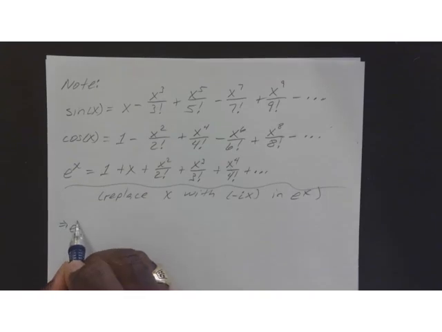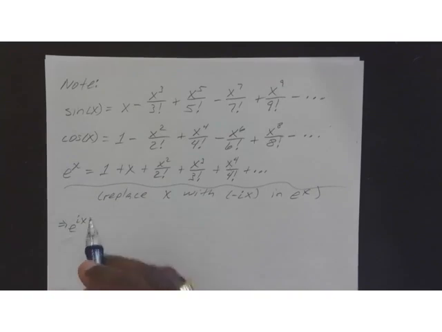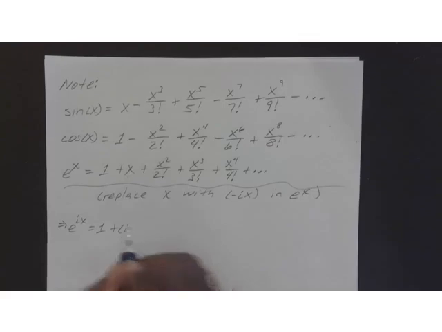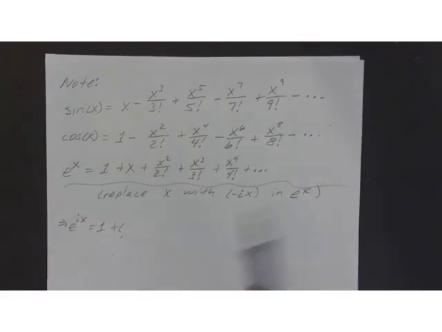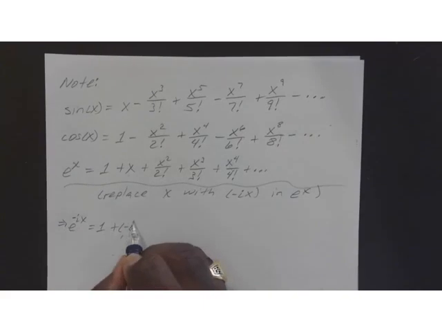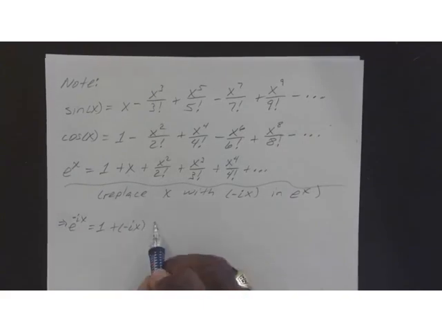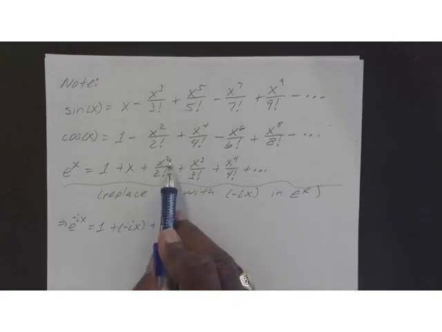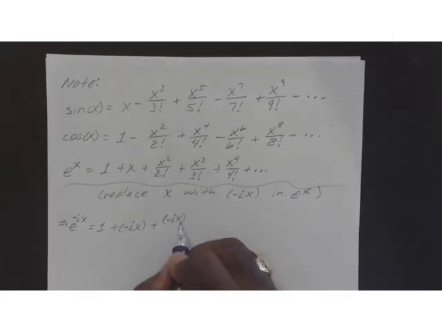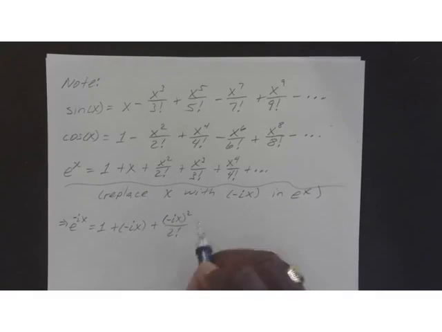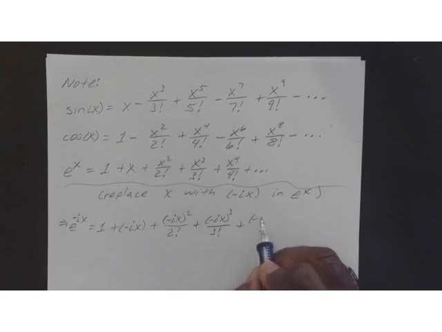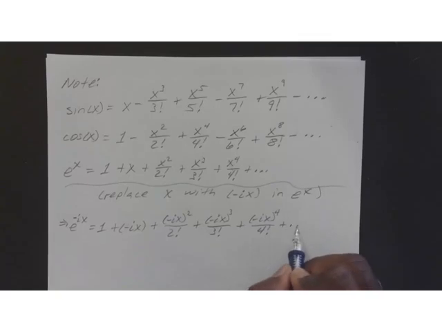Well, that gives us e to the power of negative i times x, which is equal to 1 plus negative i times x plus negative i times x squared divided by 2 factorial plus negative i times x to the 3rd power divided by 3 factorial plus negative i times x to the 4th power divided by 4 factorial, and it keeps on going and going and going.